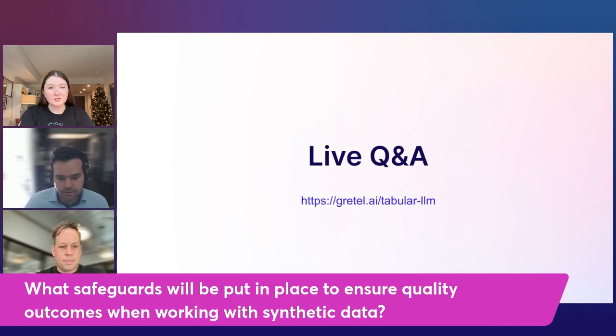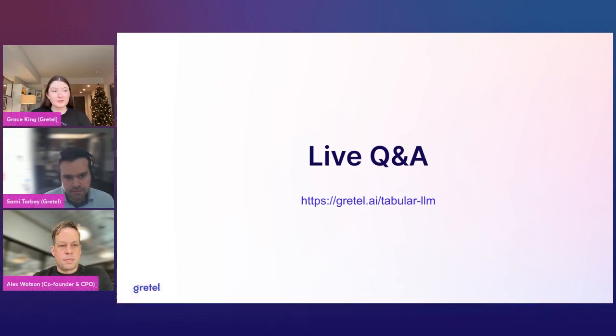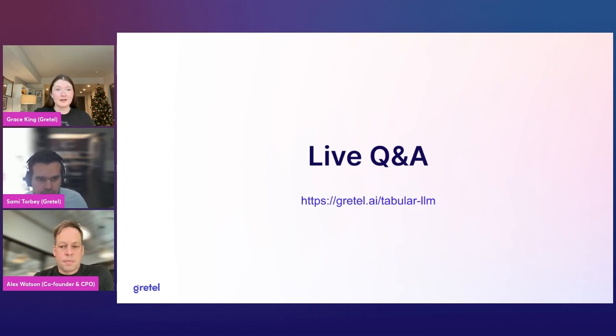And one other thing we do to help you evaluate the quality of the synthetic data that you generate with Gretel is our synthetic data quality reports. We have different metrics like our SQS, which is our synthetic data quality score, that really allows you to dive deep into how well your data captures the statistical properties of your real world data.